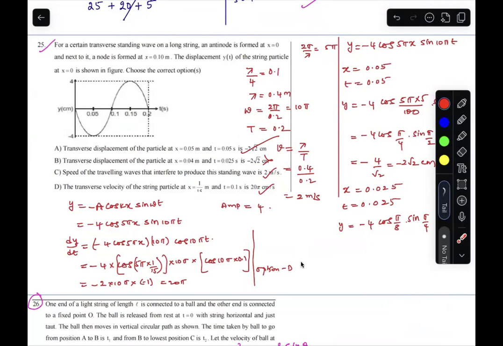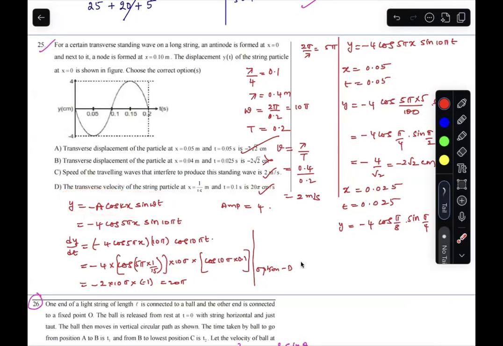Now, remember, x is equal to 0 is an anti-node. That's very clear. And here you can see x is equal to 0 is an anti-node, and at t is equal to 0, displacement is 0. Thereafter it is going in the negative direction, Y is negative. For such a condition, the equation is like this. This you need to know.